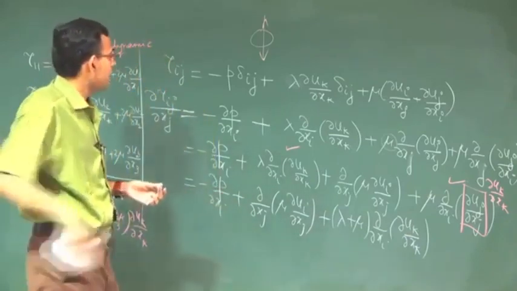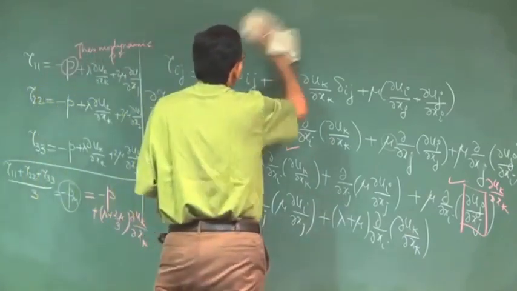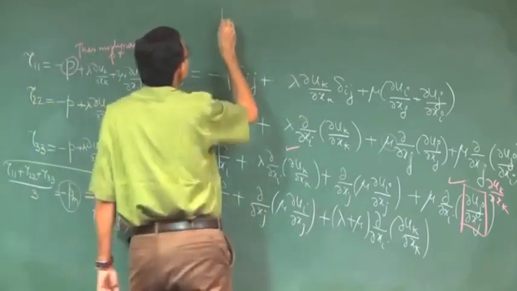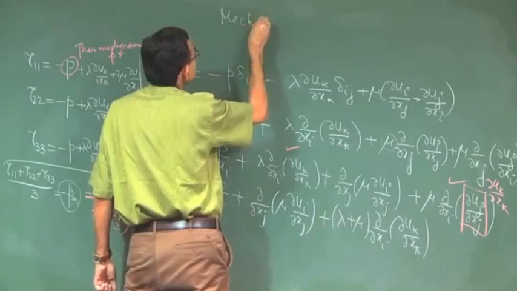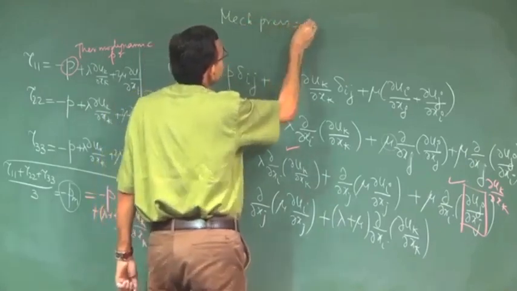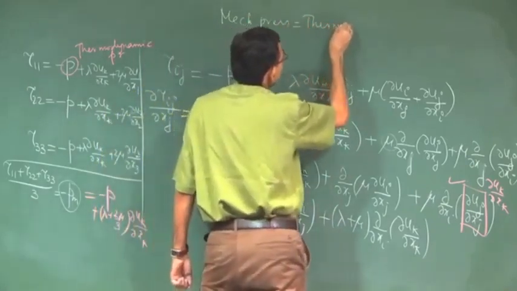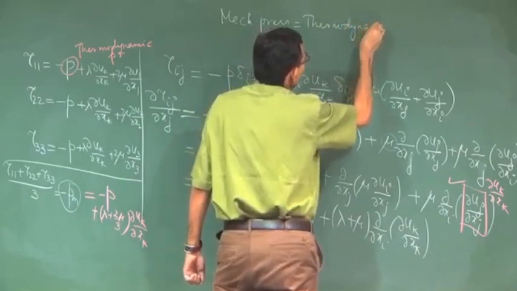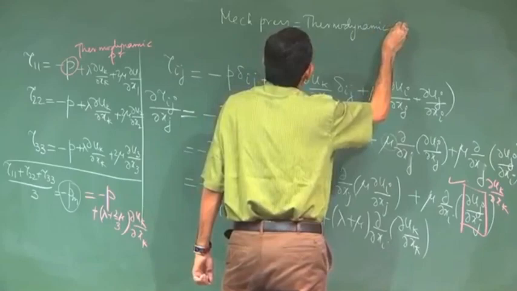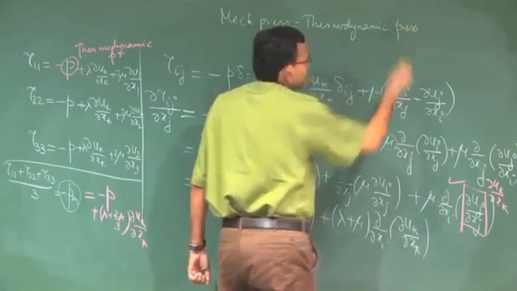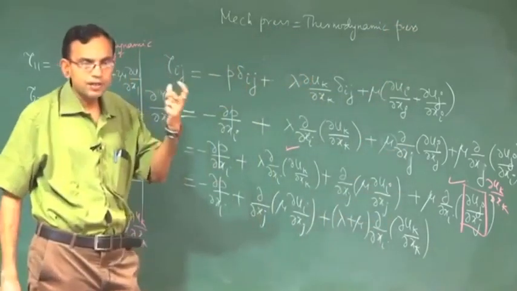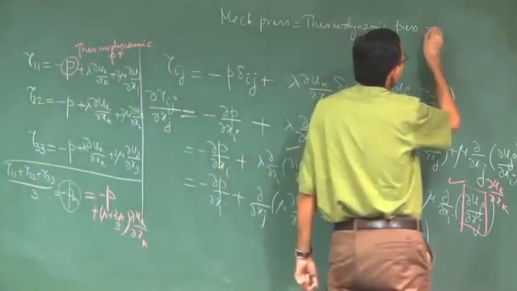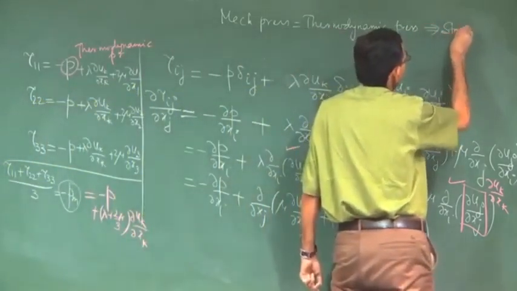So, mechanical pressure equal to thermodynamic pressure is a hypothesis which, for most practical processes where the time scale is not that rapid, will be satisfied, and this leads to something called the Stokes hypothesis.